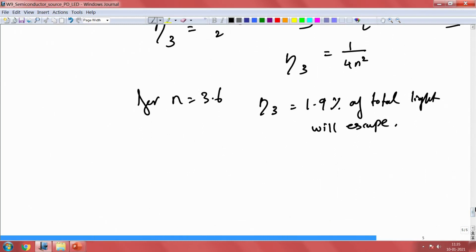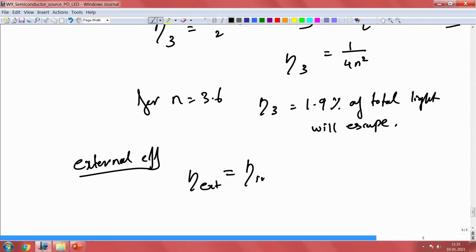So, the external efficiency, eta external, is equal to the internal efficiency times the extraction efficiency, or eta 3.